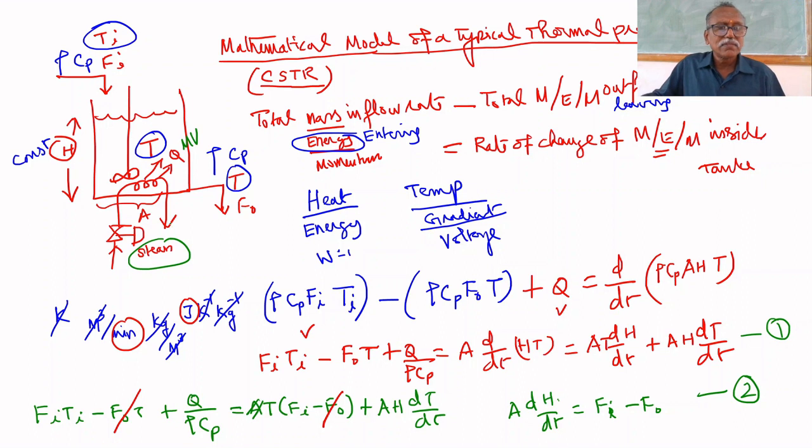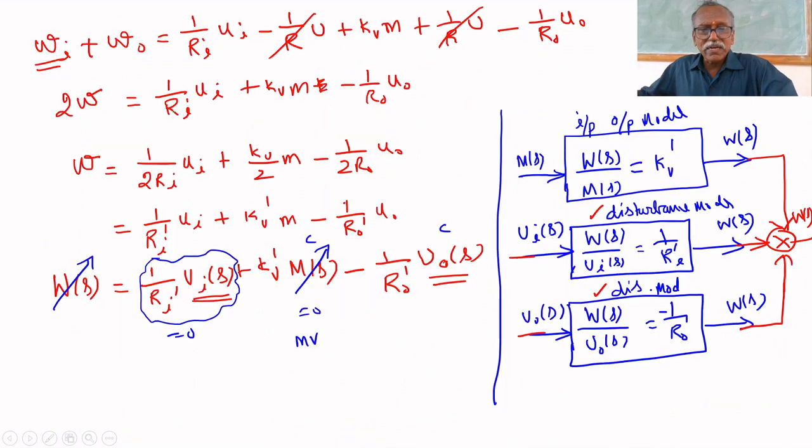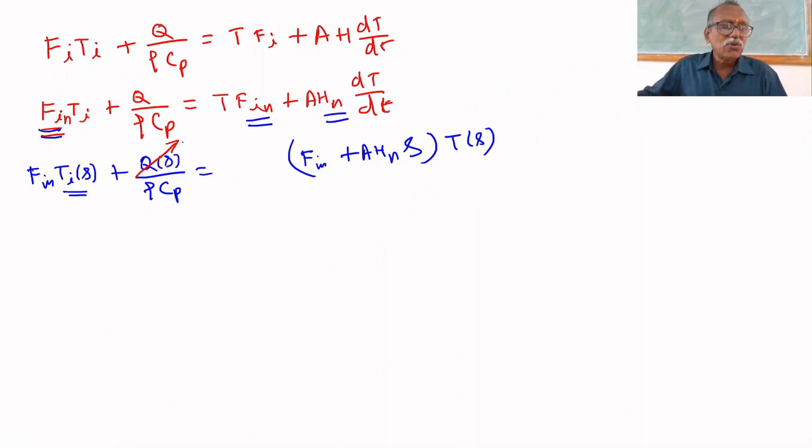By manipulating Q, we are adjusting T. We are interested in controlling the temperature T. That is the process variable, the temperature of the tank. The manipulated variable is Q. So let us assume that there is no change in inlet temperature.